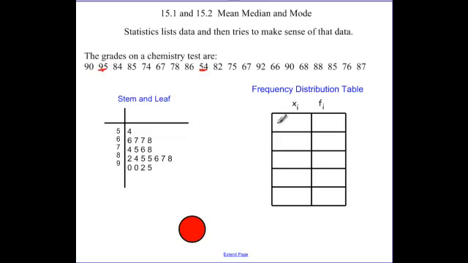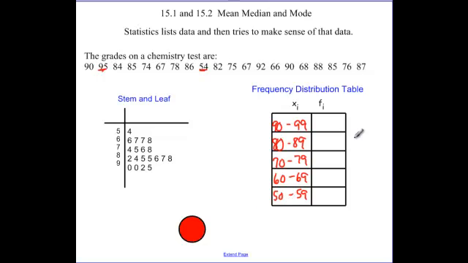I could say, okay, all the grades from 90 to 99, and then all the grades from 80 to 89, from 70 to 79, from 60 to 69, and from 50 to 59. Notice everything is the same. If I subtract, I get a difference of 9 in each one of these intervals.